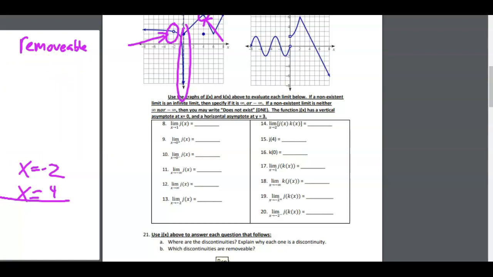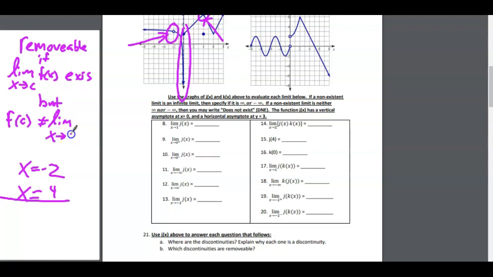So a discontinuity is removable if the limit exists, but f of c is not equal to that limit. That's probably a better way of saying it.